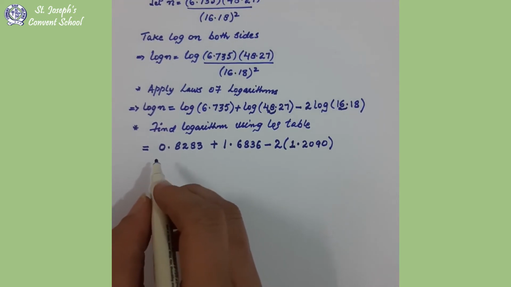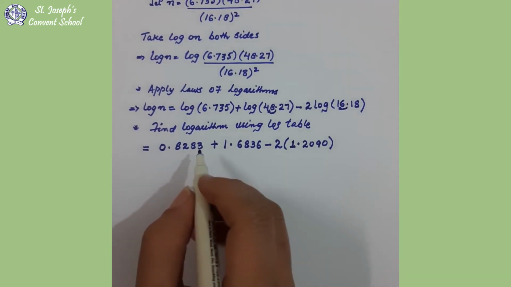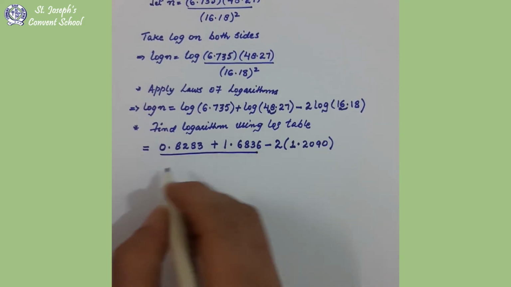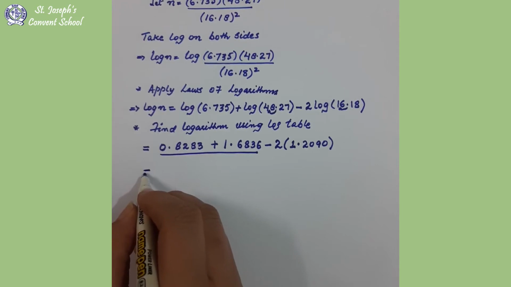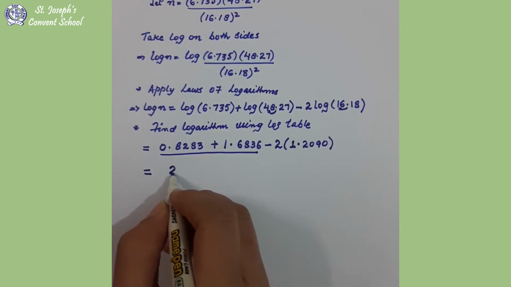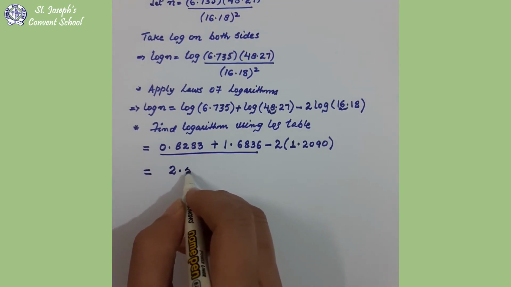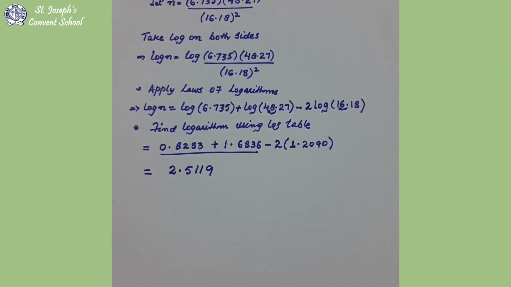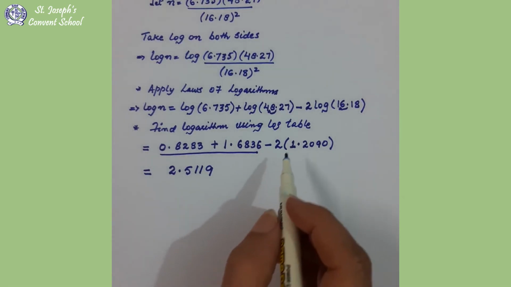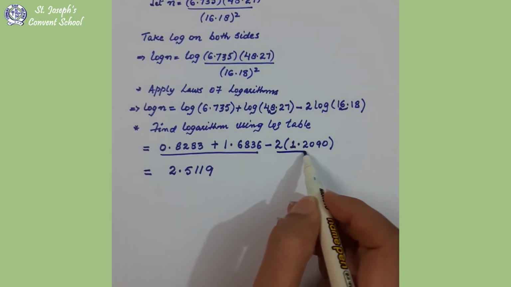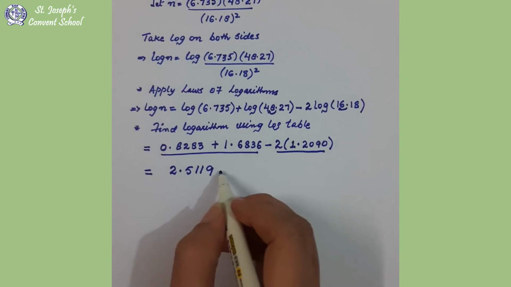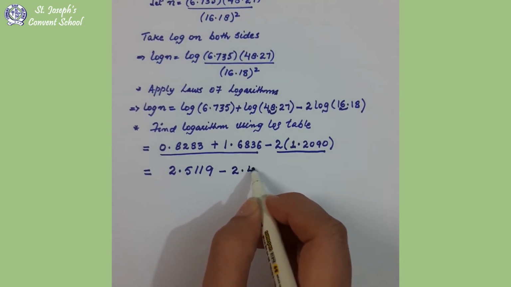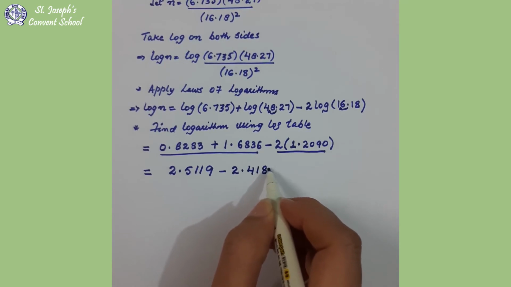Now what we will do, we will add these two. There is a plus sign between them, so with a calculator you will add. So this will come 2.5119. This value will come after adding with the calculator, and this 2 multiplied by this, you will get 2.4180.